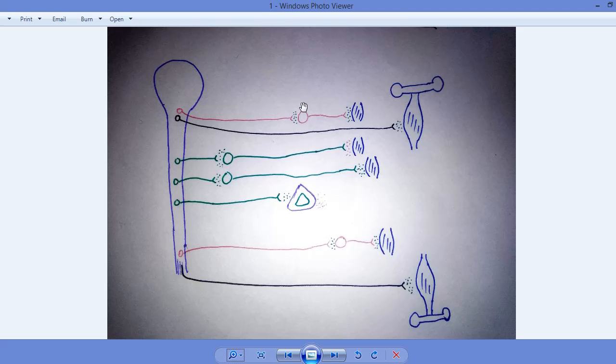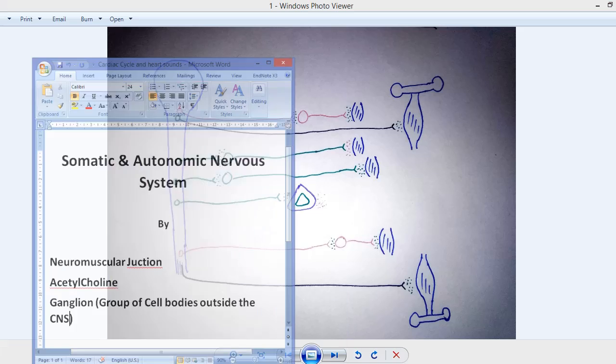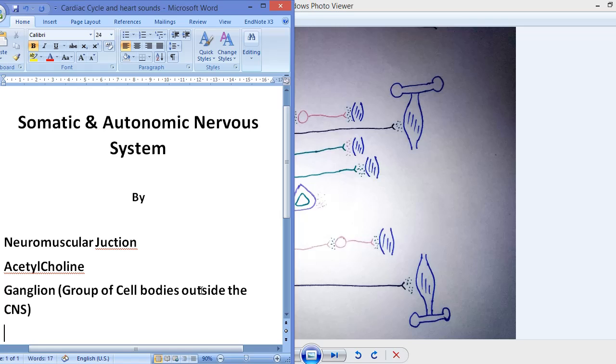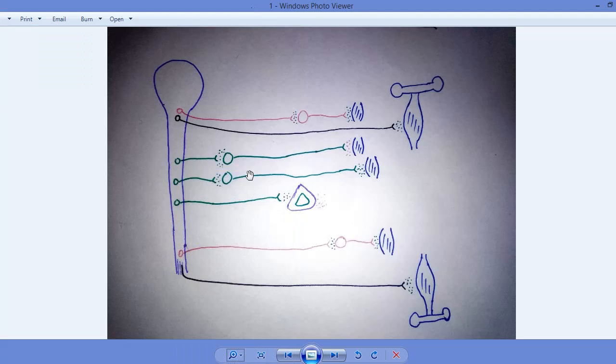The gap between the cell body and the neuronal ending of another neuron is called synapse. Synapse means the junction of the cell body of one neuron with the neuronal ending of another neuron, or the junction between two axons, the gap connected with the help of neurotransmitter between two neurons.